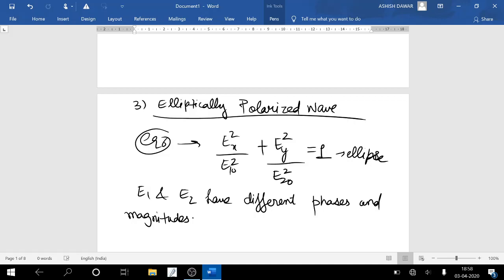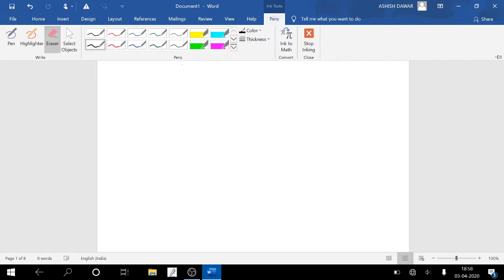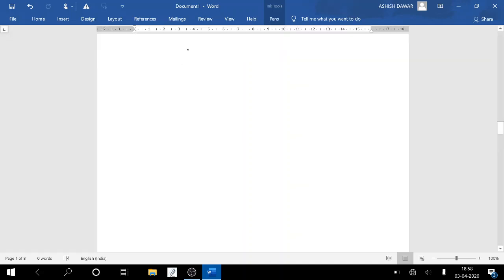So we can also represent it diagrammatically. So elliptical, okay.